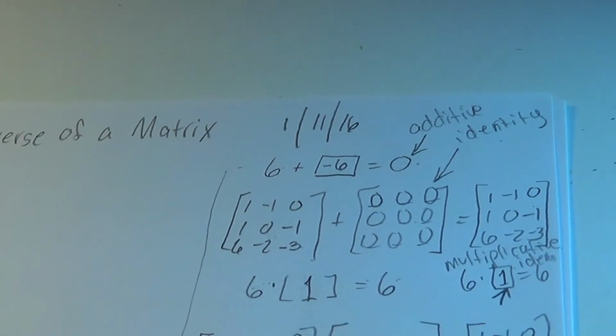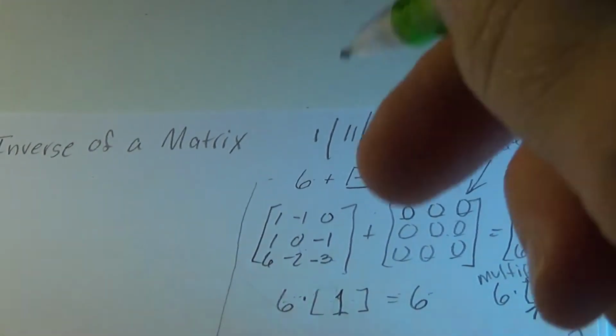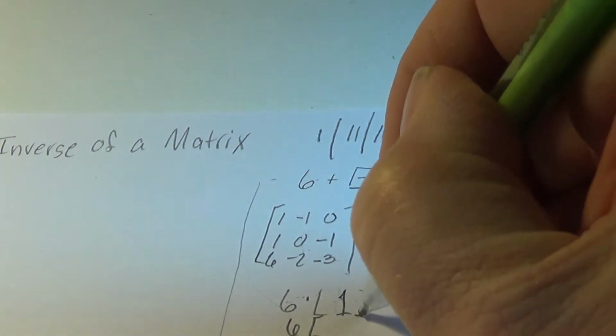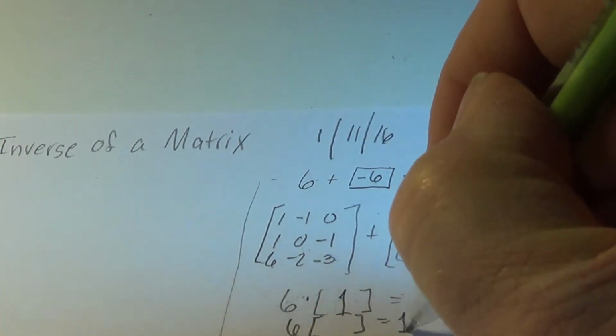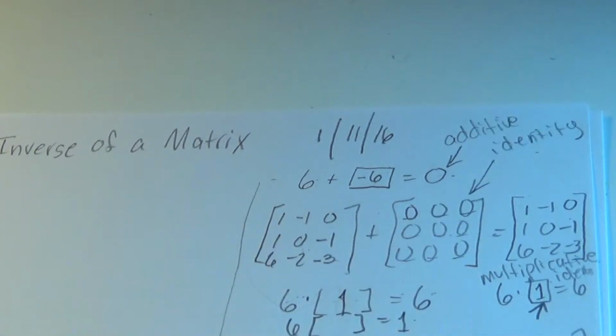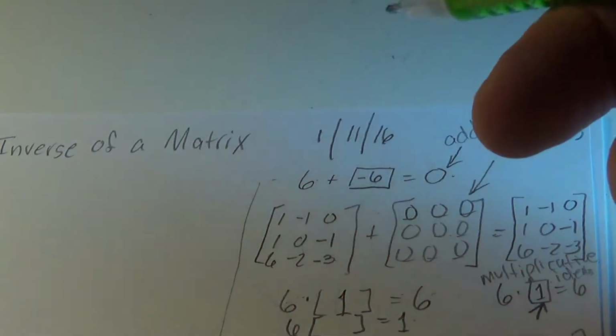So that's the multiplicative identity. And what I was trying to say that second time is: 6 times what will give me the multiplicative identity? All right, I'm back.